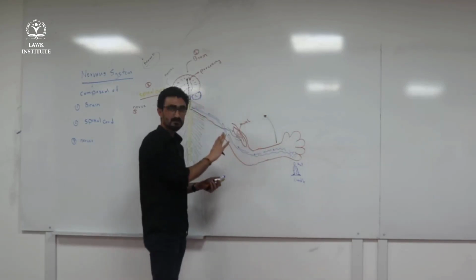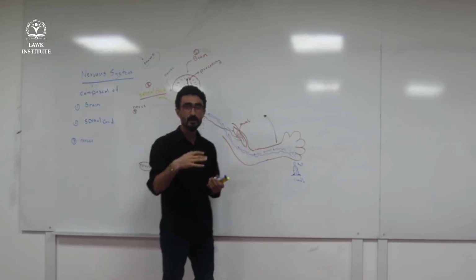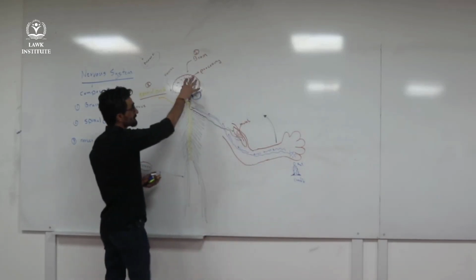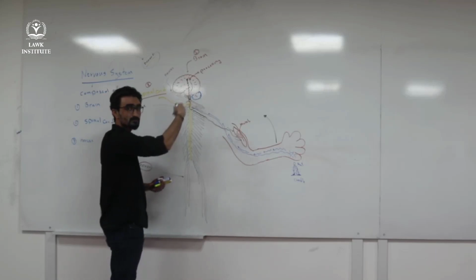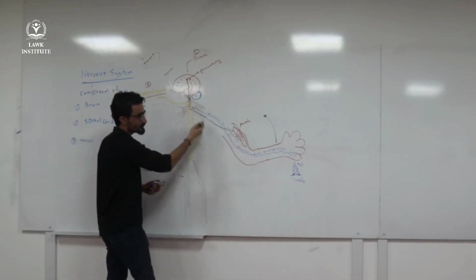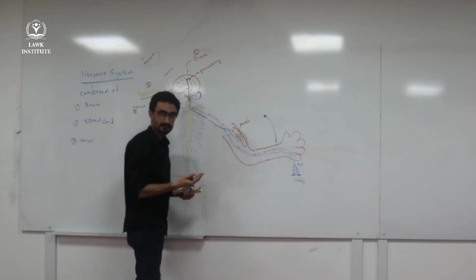So this is how your nervous system receives information from somewhere, and how the brain interprets the information and creates a specialized response to that particular sense.